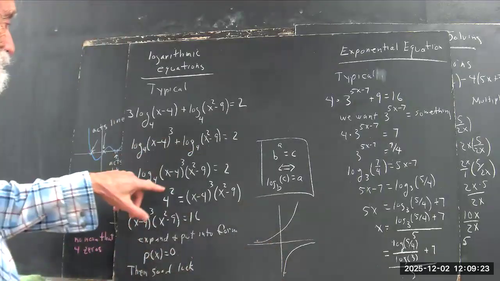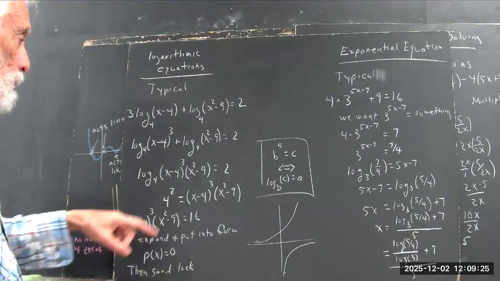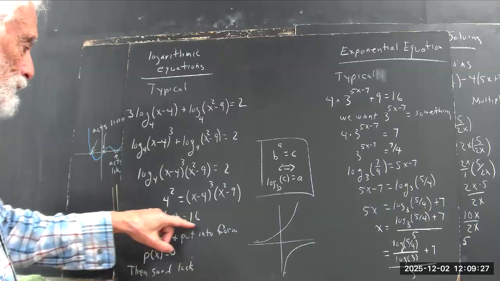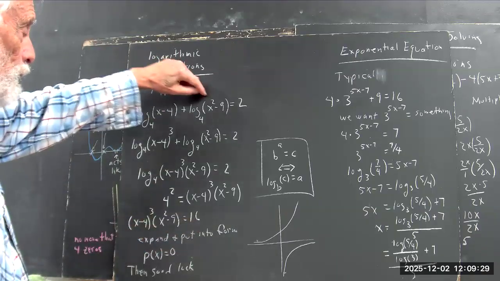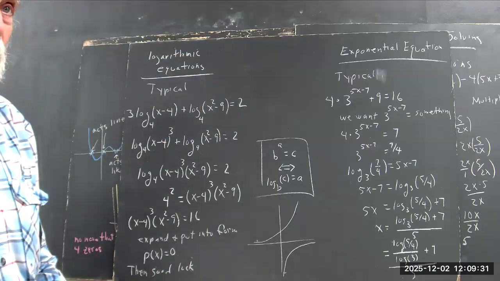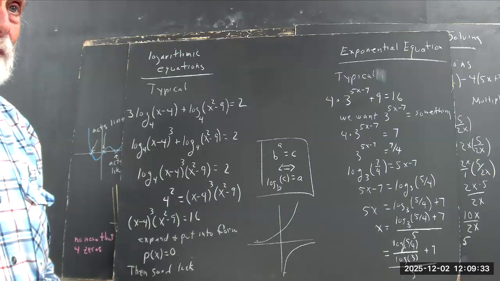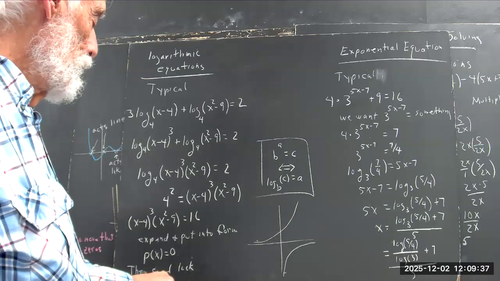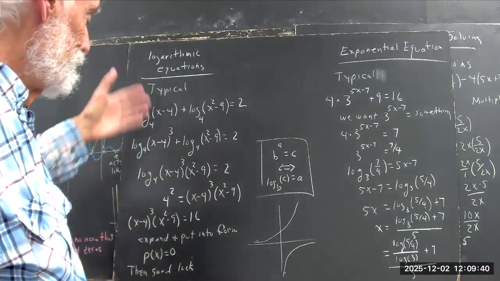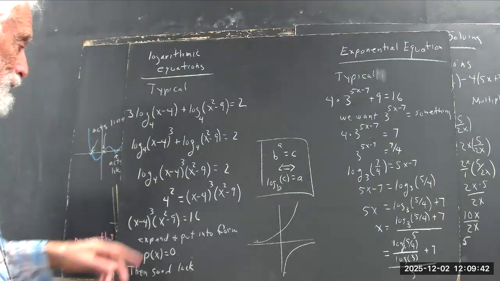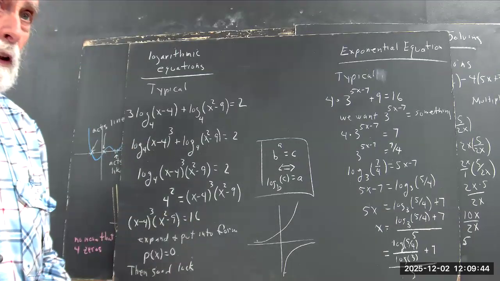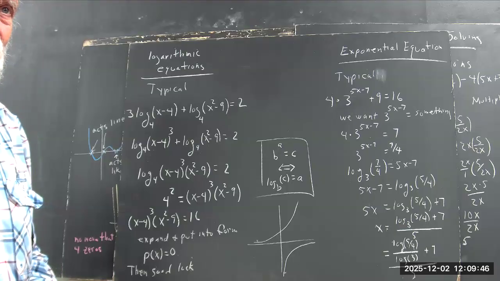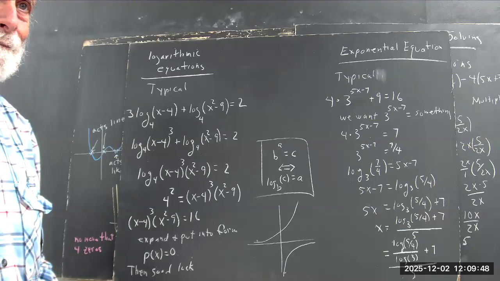So we could not get a nice polynomial like this times this equals 0 out of a logarithmic equation of this nature. So unless they're contrived, and they could be, you've got to come down to a polynomial equation that you're not going to have much luck solving.